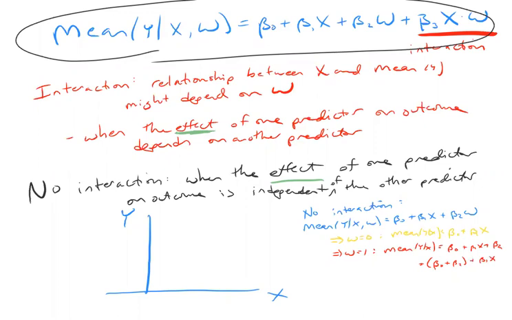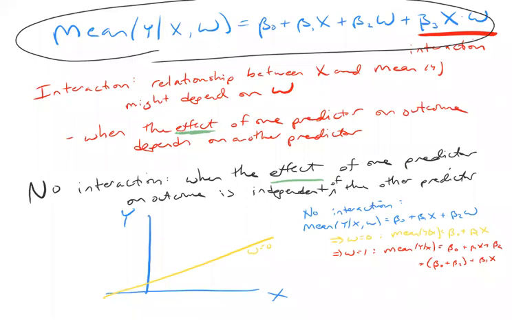This is not the first time you've seen this in this lecture, but the idea is that if I leave off the interaction, then there's some line that relates x to the mean of y for w equal to 0, and there's some other line that relates x to the mean of y for w equal to 1, but those lines have to have the same slope, right? Because in both these equations, I have beta 1 as my coefficient for x.